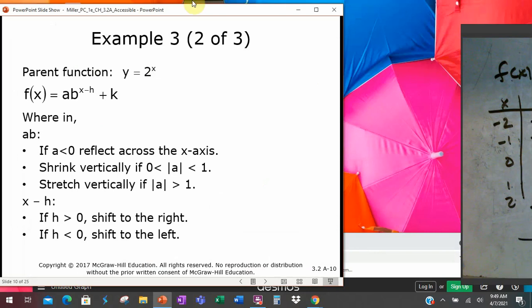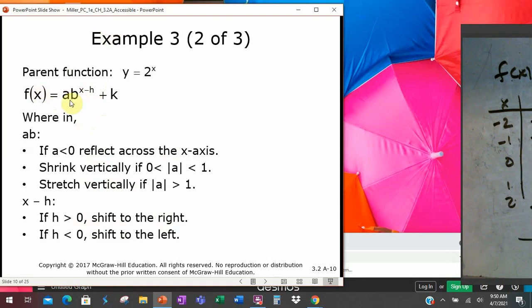So here's the general. Here's our parent function, y is equal to 2 to the x. Anything here, if a is less than 0, we reflect it across, so we shifted it by h. Right, so if this is positive, shift it to the right. If this is less than 0, that makes that positive, we're going to the left.